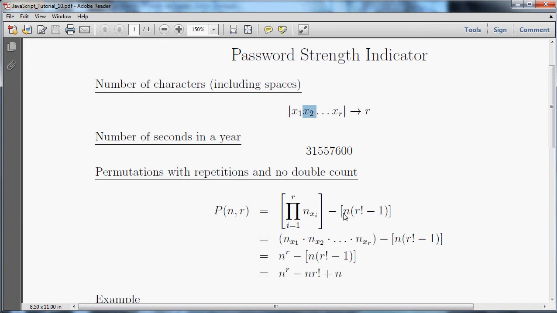Okay, and that's what's covered over here. The R exclamation mark, that's the factorial sign, says however many ways we can rearrange them. So if it's a 3-character password, we have 6 ways.